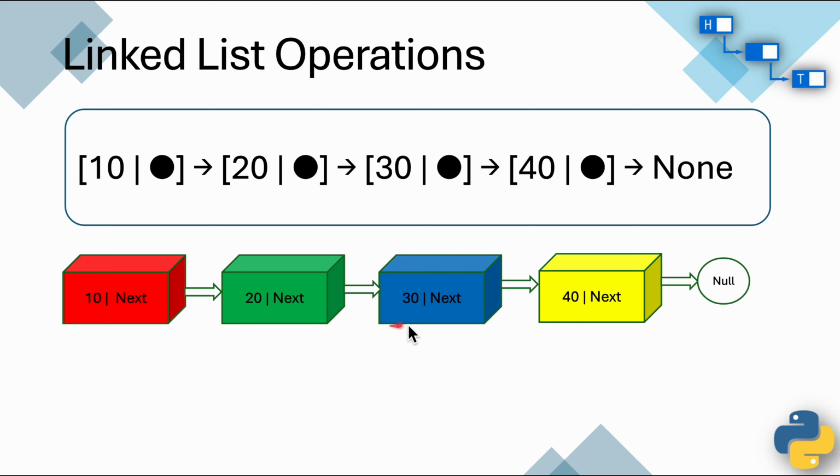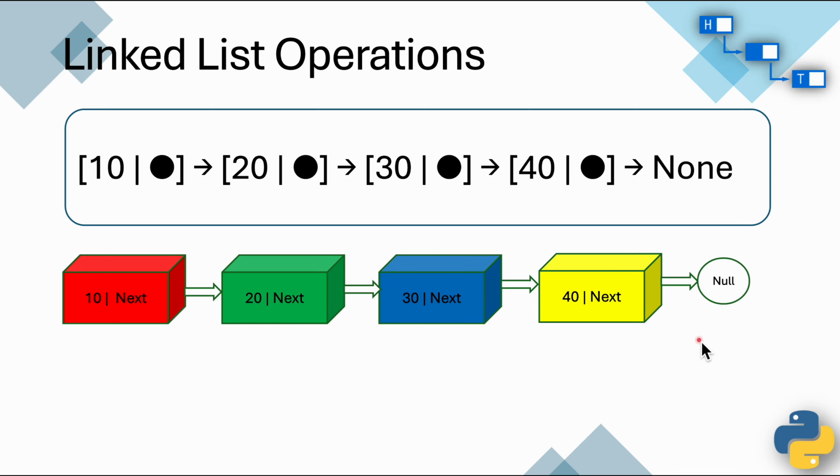Inside the blue node the data part is 30, and the next node address is the yellow node. The yellow node also has a data part of 40, and next node address as null. So the yellow is pointing to null, and this entire list's head is red, and the last node is pointing to null, and four nodes are there.